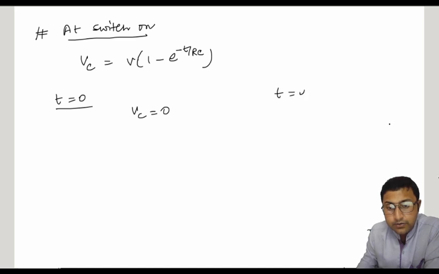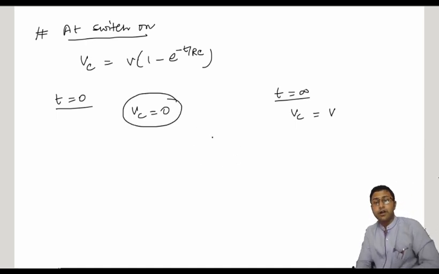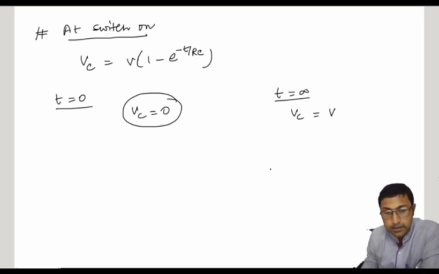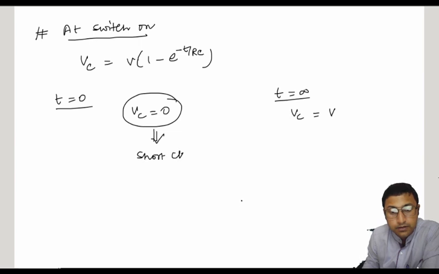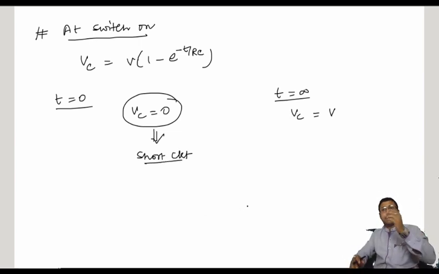At t equal to infinity, Vc is V. Vc is 0 means the voltage across the capacitor is equal to 0, that means the capacitor is short circuit here. As the capacitor is short circuit, the voltage across this capacitor is equal to 0.